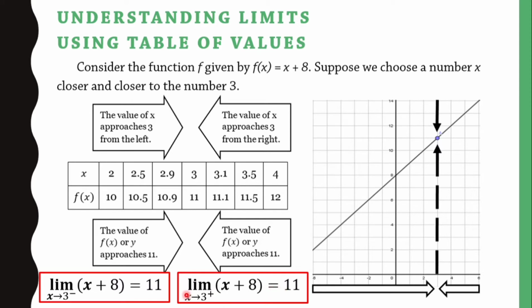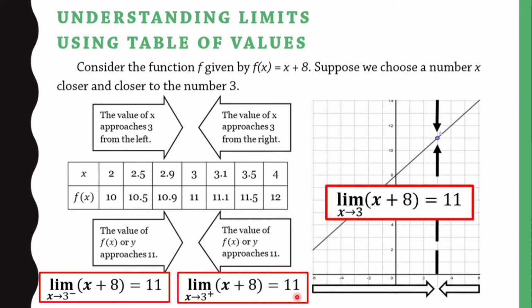Since both of the limits from left and from the right approach the same number, then we can say that the limit of the function x plus 8 as x approaches 3 is 11. This means that as the value of x gets closer to 3, the value of f of x or y gets closer to 11, either from the left or from the right side.